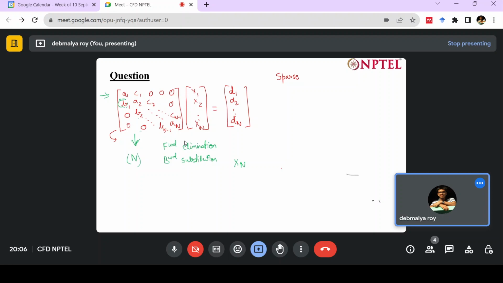of this process. Here, if we try to convert it into, let's say, a lower triangular matrix, for example, Cn, if we try to make it 0 using row operations, and if we try to make Cn minus 1 0 and so on, then we would do a backward elimination and reach row number 1, and from row number 1 we would be substituting.